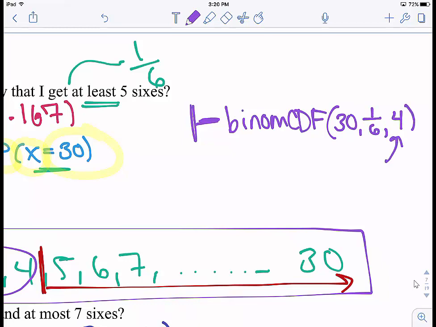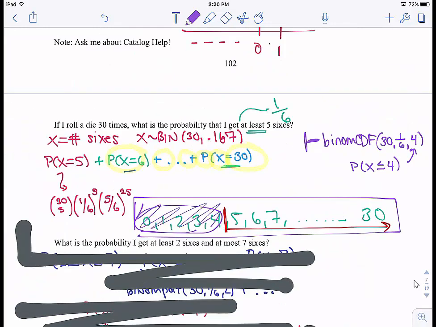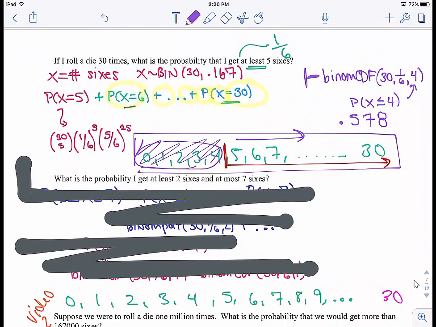This means probability of x being less than or equal to 4. So we're subtracting these numbers, and we end up with the answer to our question, which is 5 or more. And that should be about 0.578 or 57.8%.